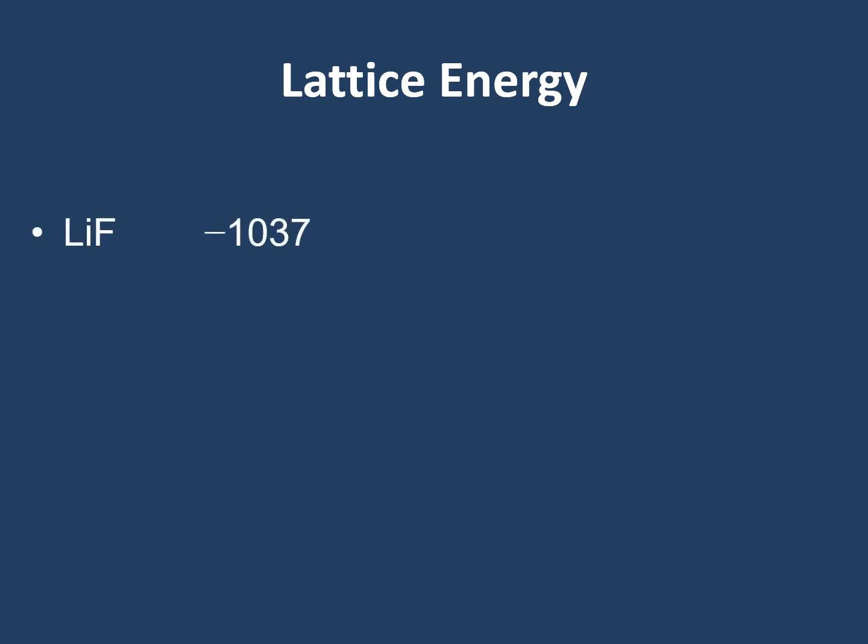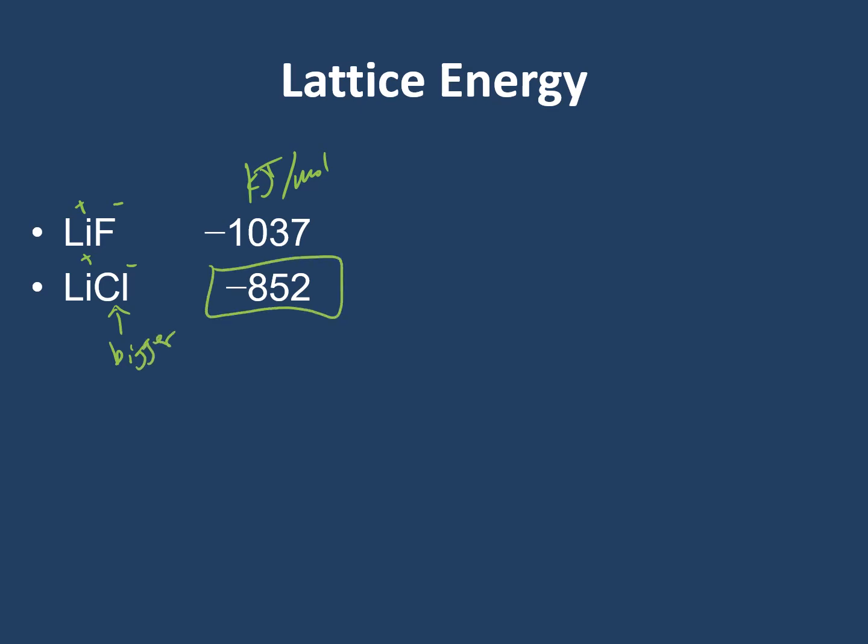So we look at LiF's lattice energy, and these are all in kilojoules per mole. If we compare that to LiCl, notice that the lattice energy went down. And this is because these guys both have a positive one, negative one charge, but Cl is bigger. So the lattice energy decreases.